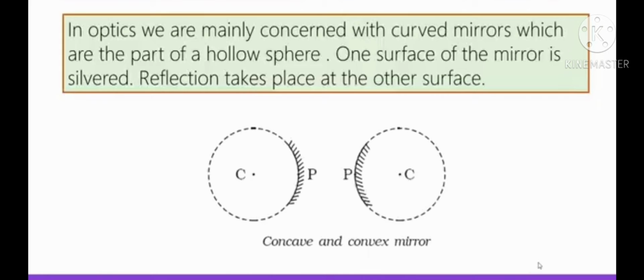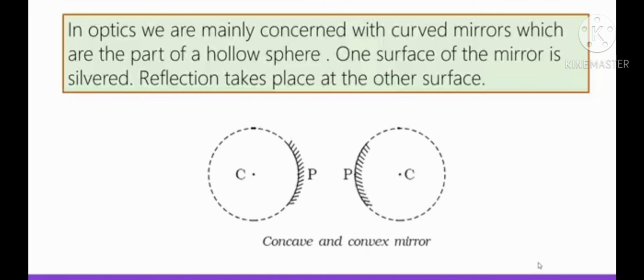The household mirrors are normal plane mirrors. Do you know how the normal plane mirrors are made? It is a glass piece. Any normal glass piece is taken and one of its sides is silvered, that means coated with any metal oxide.